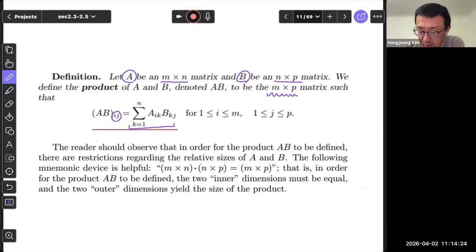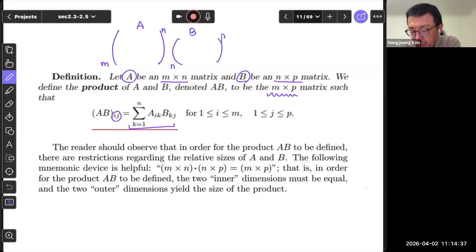So meaning if I have a matrix A with m rows and n columns, and a B matrix with n rows and p columns, then the product will be an m by p matrix.